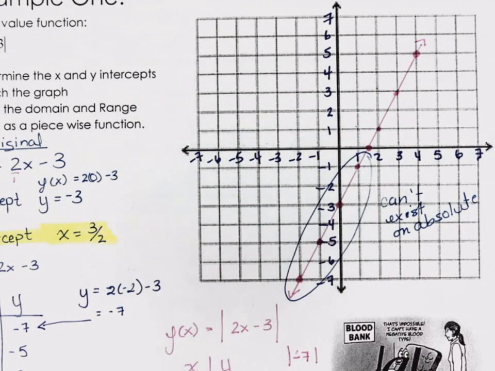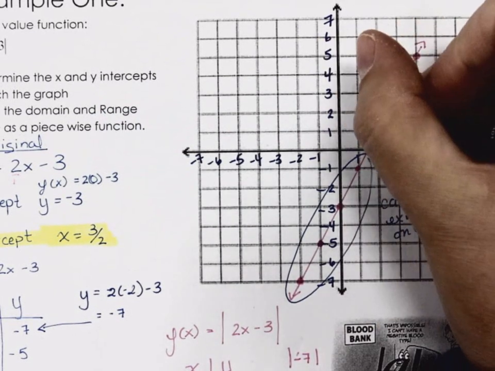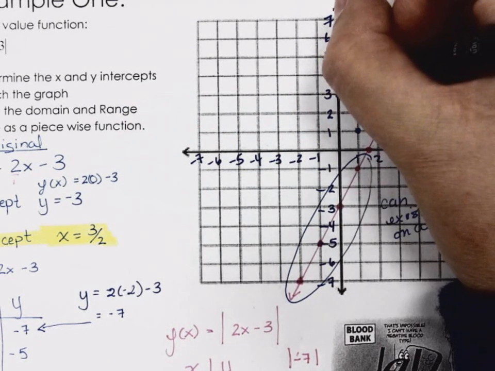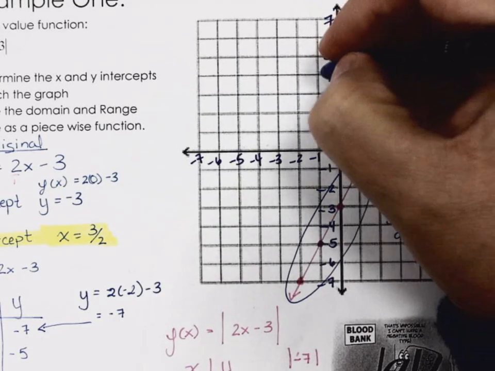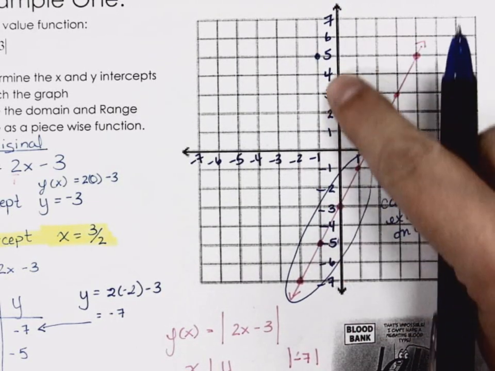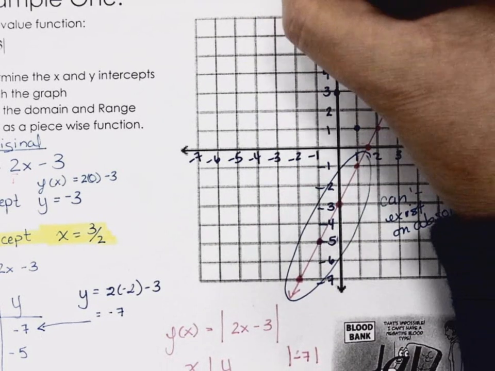It's just a reflection in the x-axis. It's like I have put a mirror here. This negative 1 becomes a positive 1. This negative 3 becomes a positive 3. Negative 5 becomes a positive 5. My x's don't change, but my y's become positive.